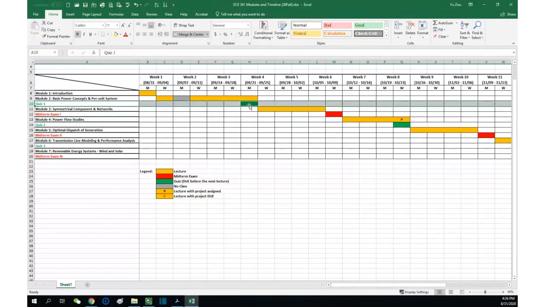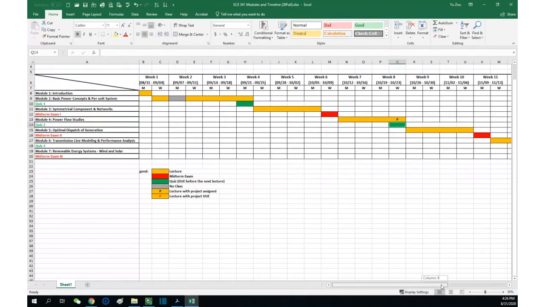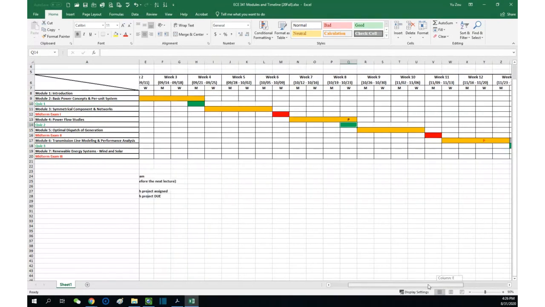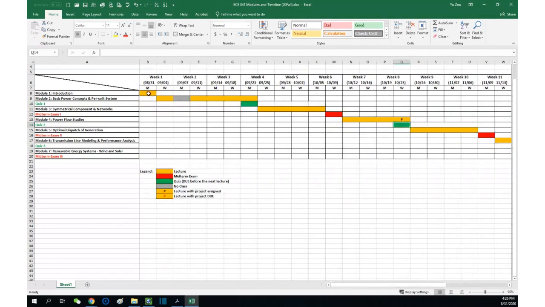They are arranged here, here, and here. The pattern is basically like this. For module 1, I'm not using any tool to assess it. But module 2, I'm using quiz 1 to assess your understanding.